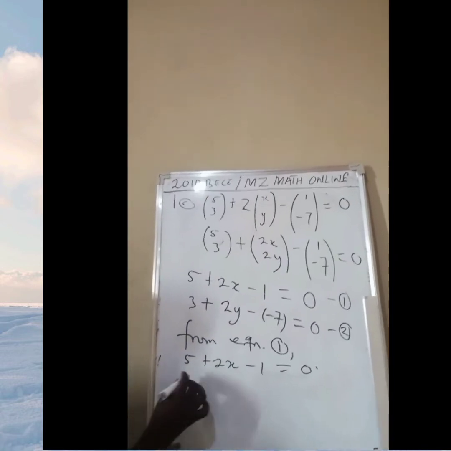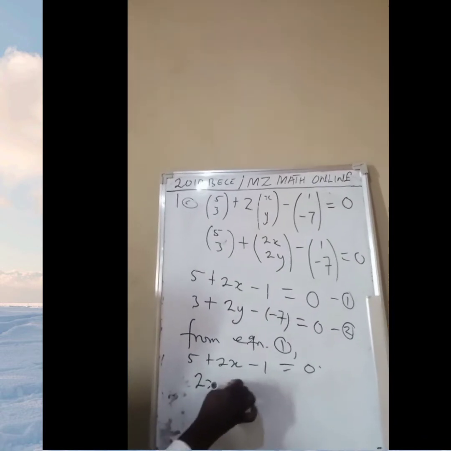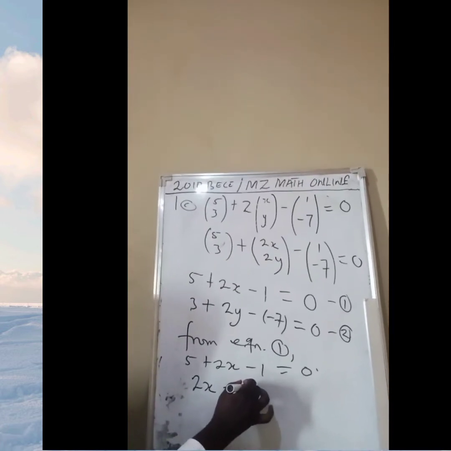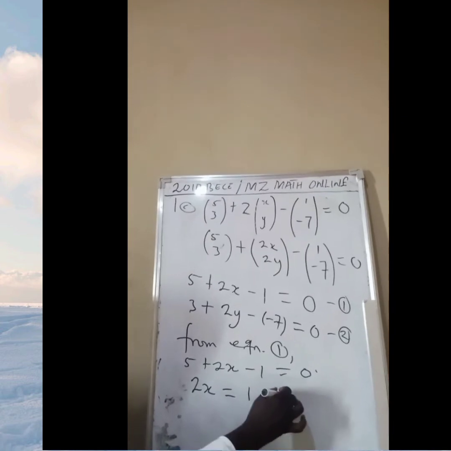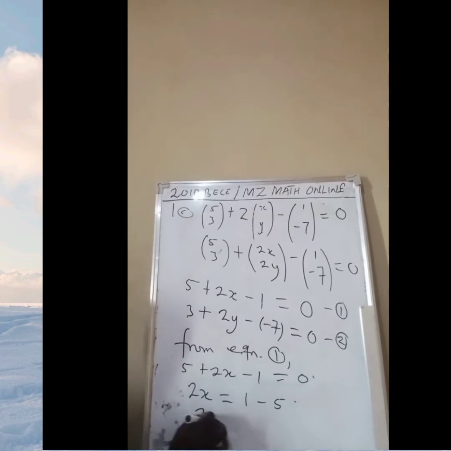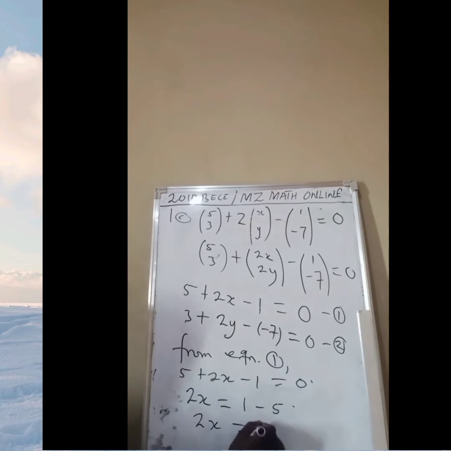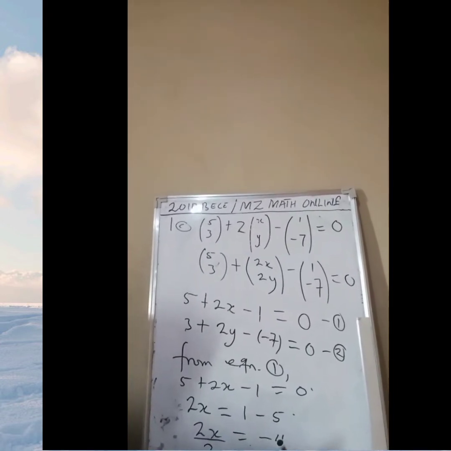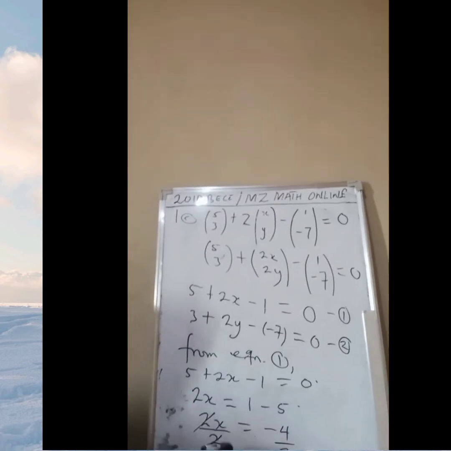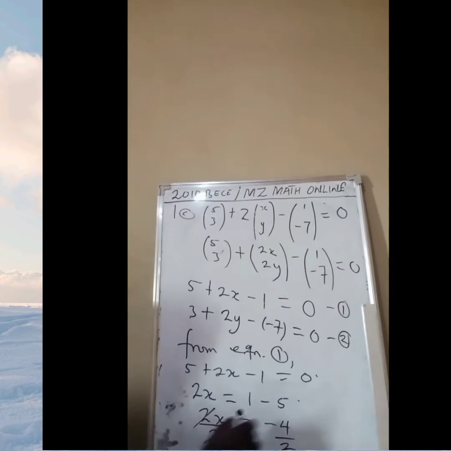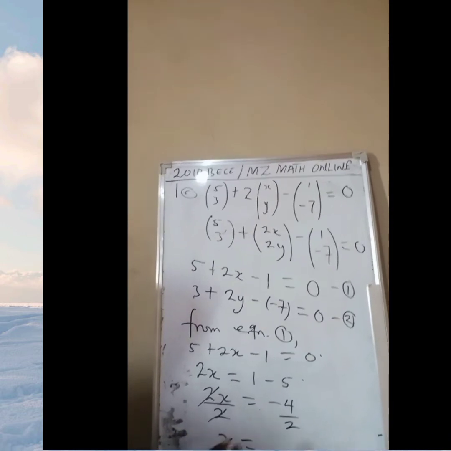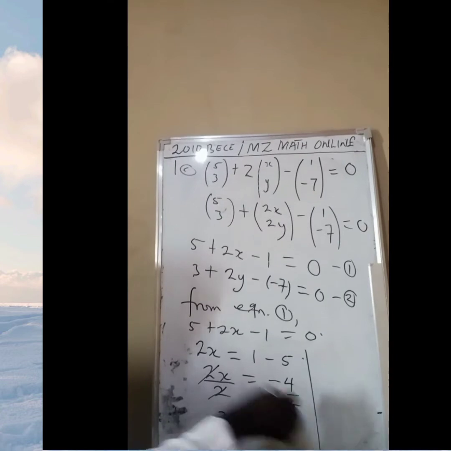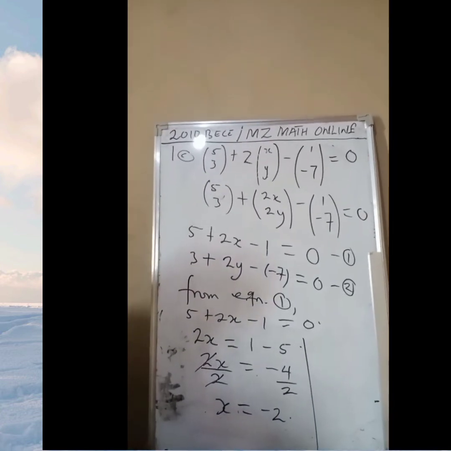By grouping like terms, you have 2x equal to 1 minus 5. 2x is equal to 1 minus 5 will give us negative 4. You divide by 2. This 2 will do away with this 2. Given x is equal to negative 4 divided by 2 will give us negative 2. That is for x.